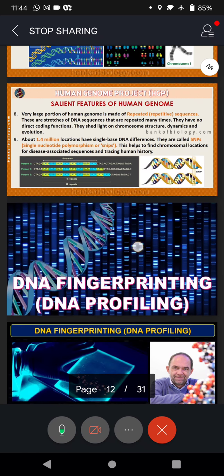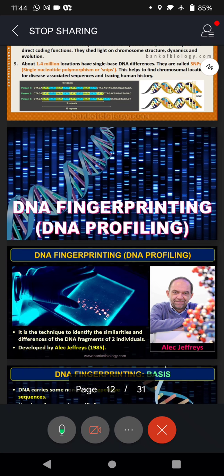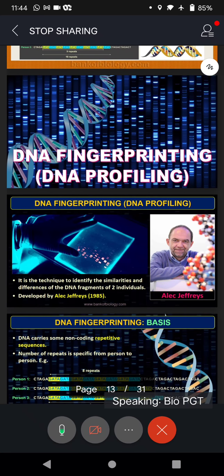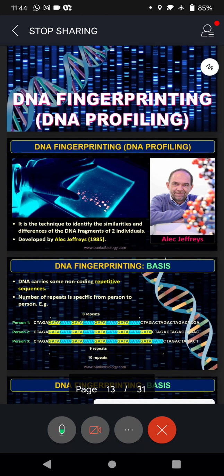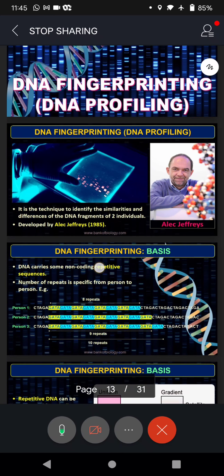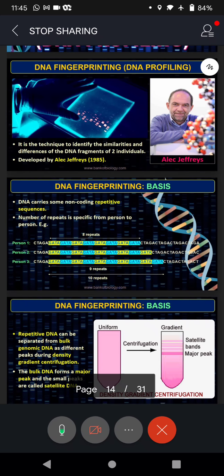And based on this technology, we have gone for a new way of finding out the culprits. That's called DNA fingerprinting, or it's also called DNA profiling. Now salute this man, Alec Jeffreys. He has developed this technique, and he has made all of us biology students proud.